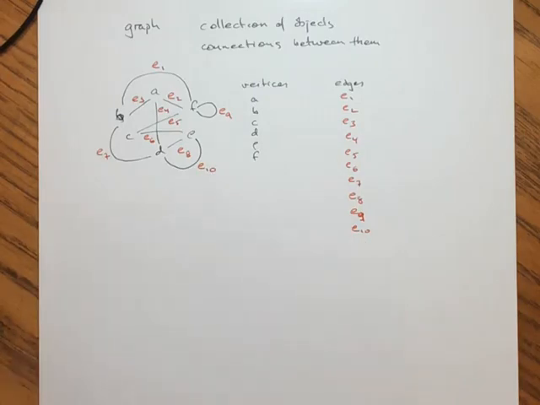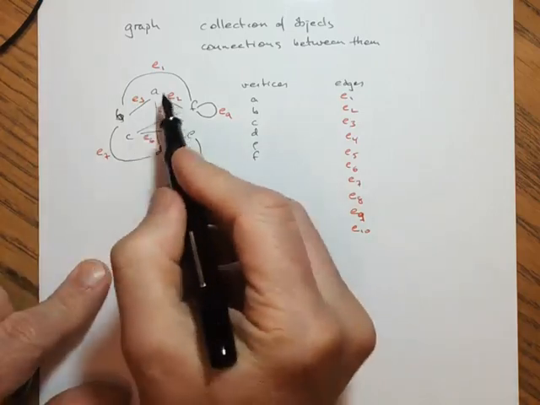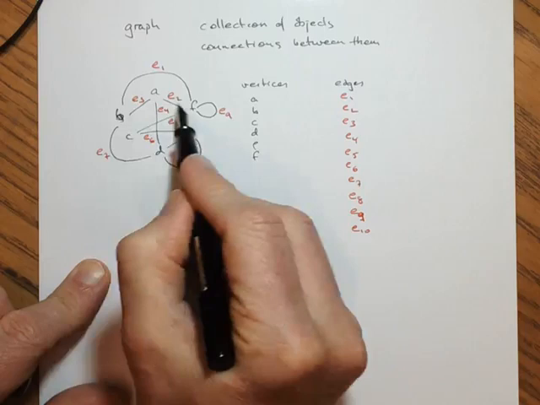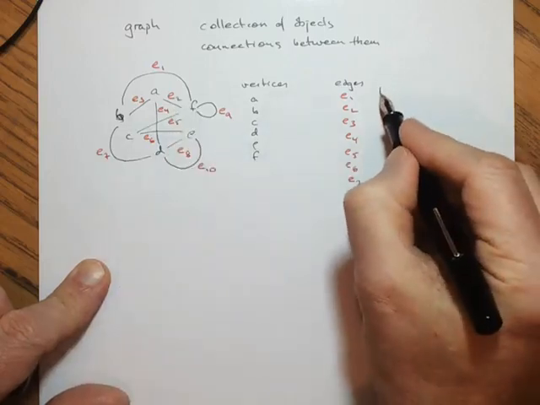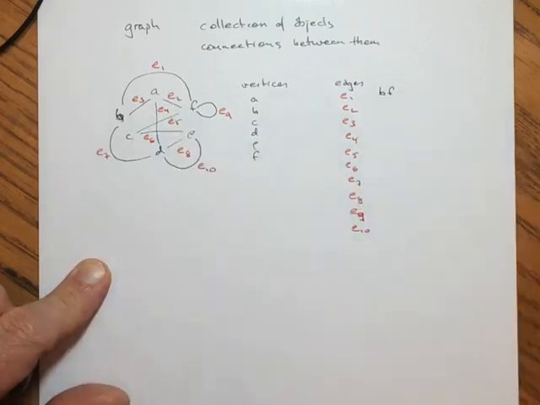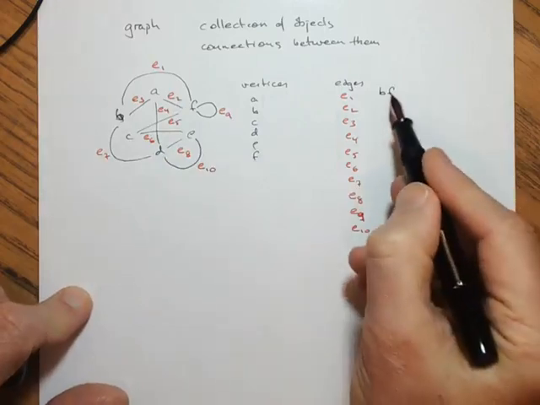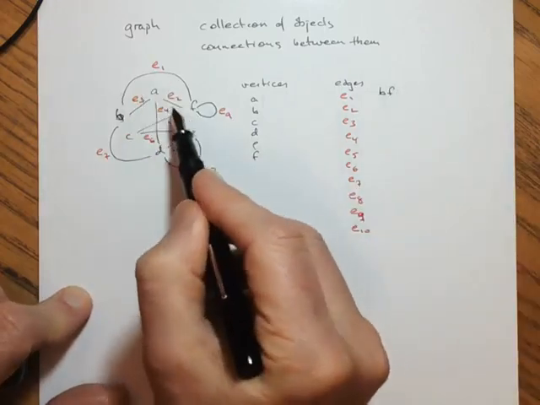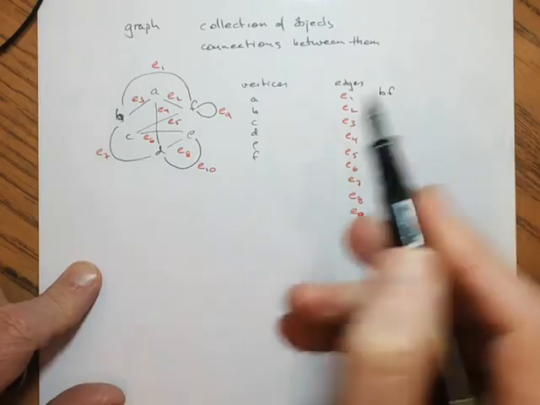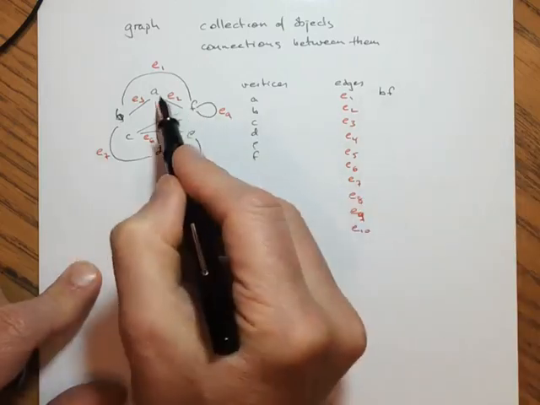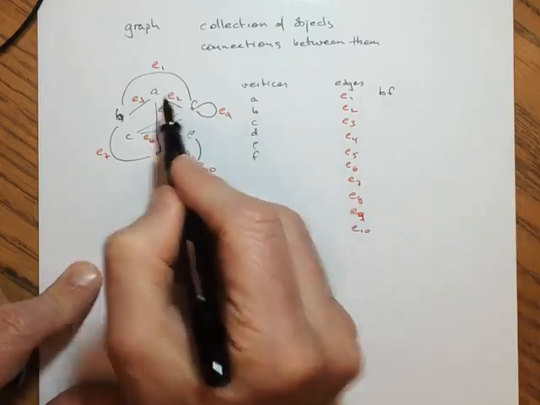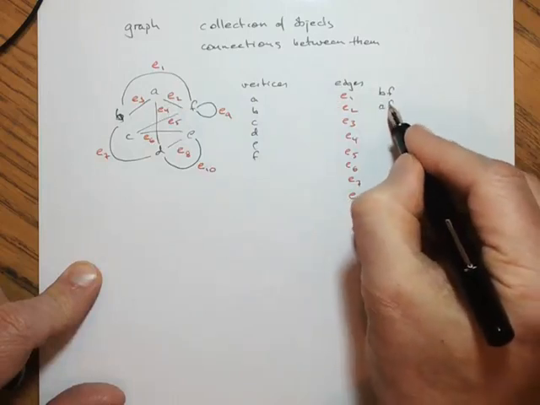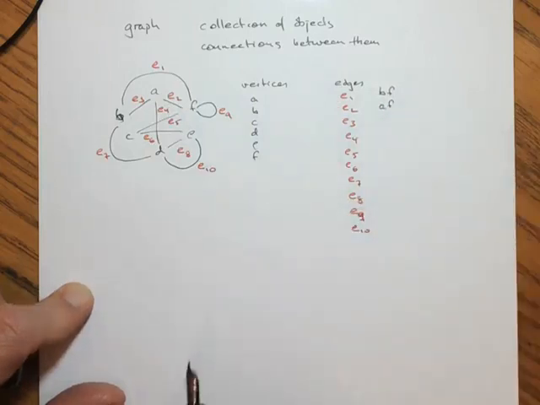Okay, sometimes when it's completely unambiguous as to what we talk about, we use some fairly obvious notation. So for example, E1 connects B and F, so we might abbreviate that just as the edge BF. And when you see B and F together, you know that that's what you mean, that it's the only thing that it could mean. Then E2 is the edge joining A and F, so we could informally write it AF.